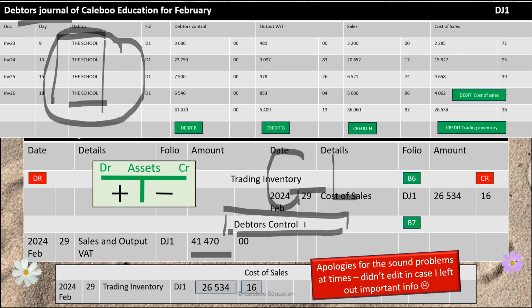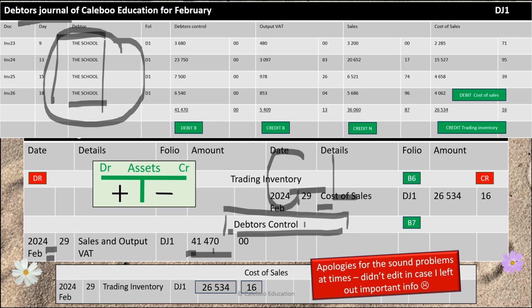In fact, this was only for February. We've sold to the school 41,470. Remember earlier I showed you a debtors ledger that is different to a general ledger. A general ledger has all the accounts of the business.